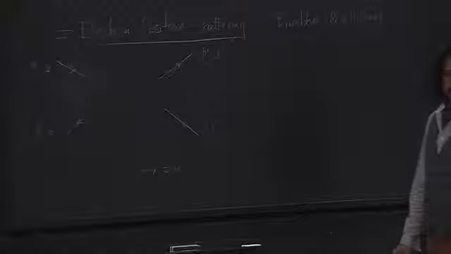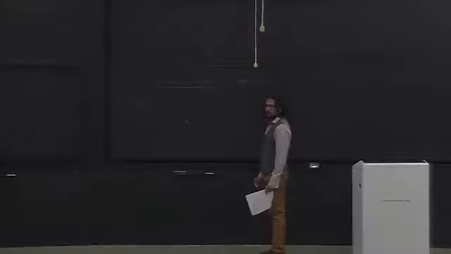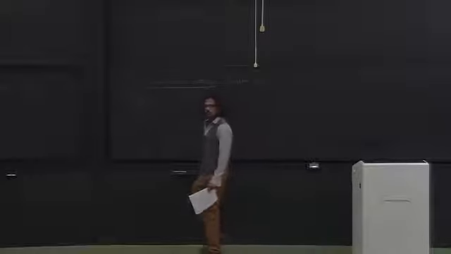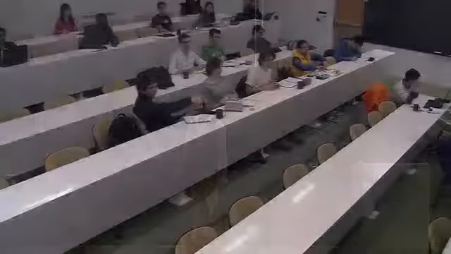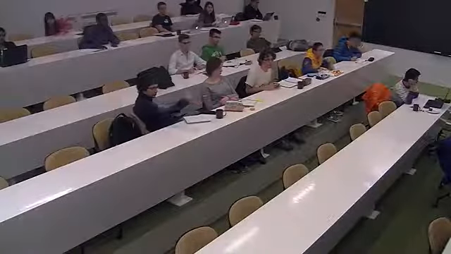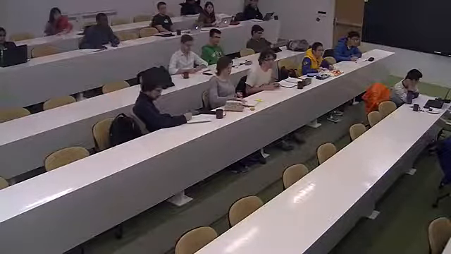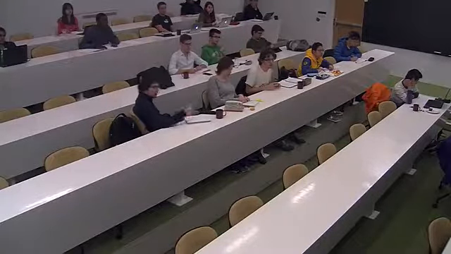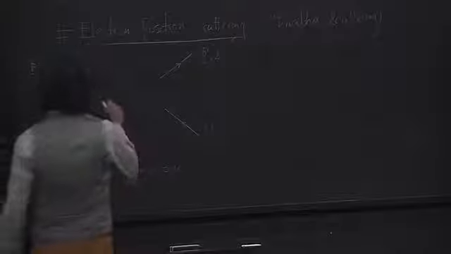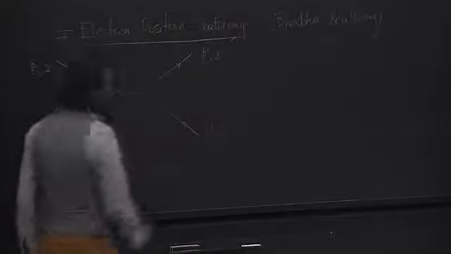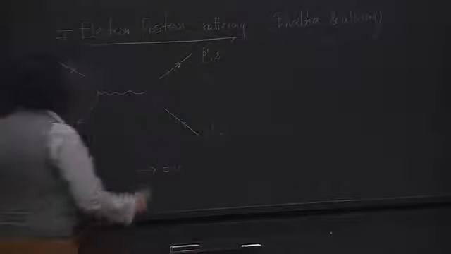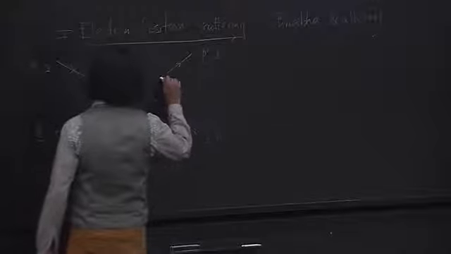Can somebody tell me what I can join? Well, we could join two. Which two? The first two. Okay, so I can join here with a photon, and then finish the diagram. Okay, so that's the one diagram.